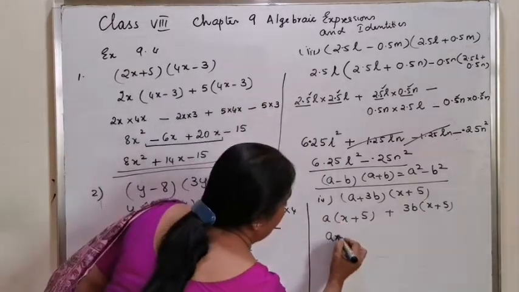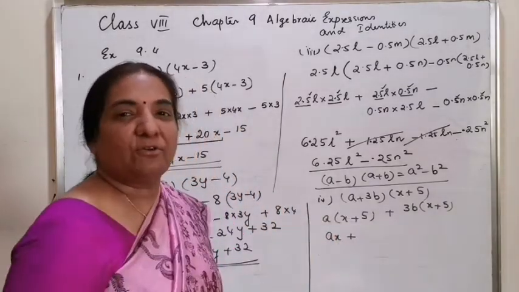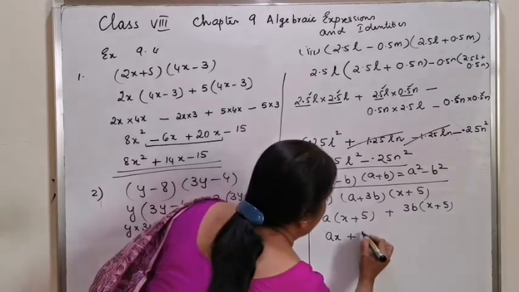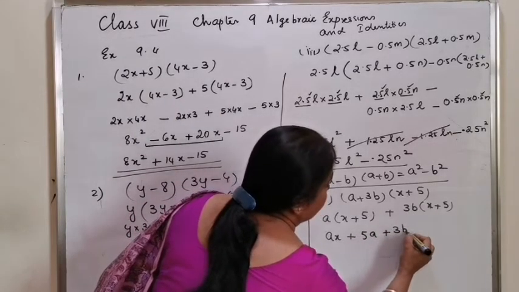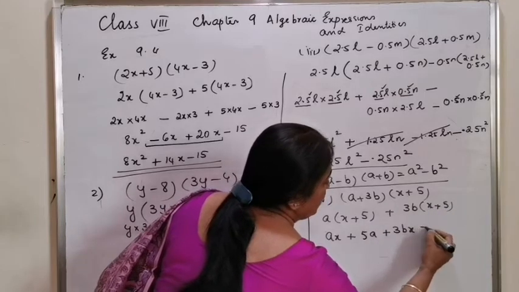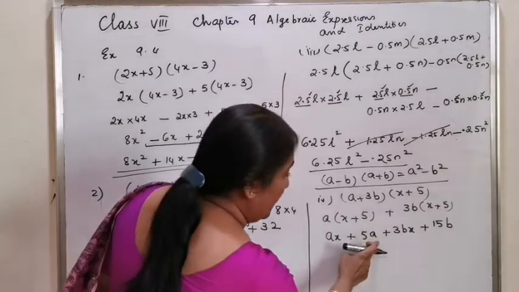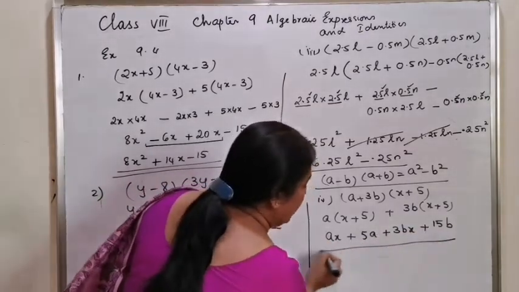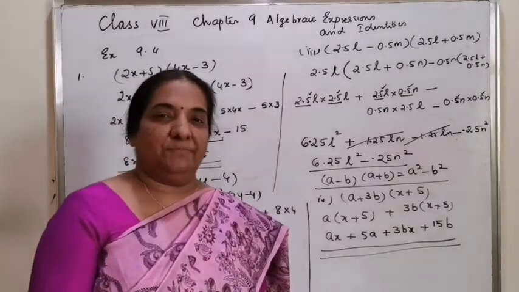So it's only AX plus A into 5. Normally we write the numerical coefficient first. So 5A plus 3BX, plus into plus is plus 15B. AX, A, BX, B, all are unlike terms. The answer is those four terms together.